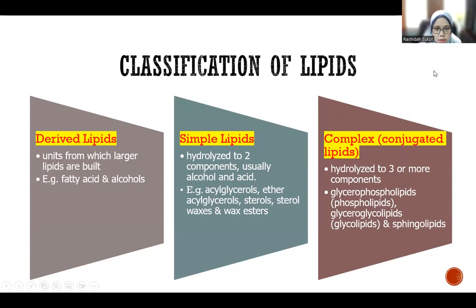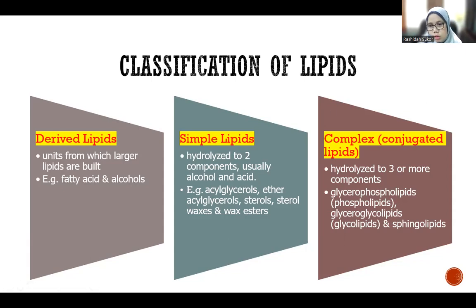For simple lipids, they are hydrolyzed, meaning broken down, into two components, usually alcohol and acid. The examples are acylglycerol, ether acylglycerol, and sterols. We always hear about sterols in formulations, like plant sterols. So these are actually simple lipids. Wax, which can be found in plants, and wax esters also.